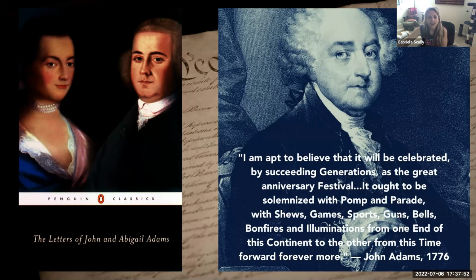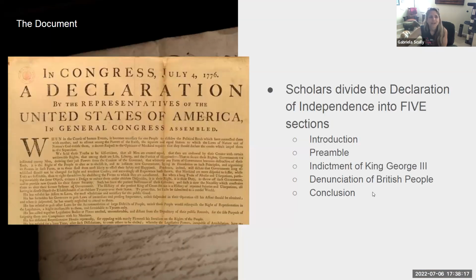It ought to be solemnized with pomp and parades, with shows and games and sports and guns and bells and bonfires and illuminations from one end of this continent to the other, from this time forward forevermore. And look at us doing all of that stuff. We do that.